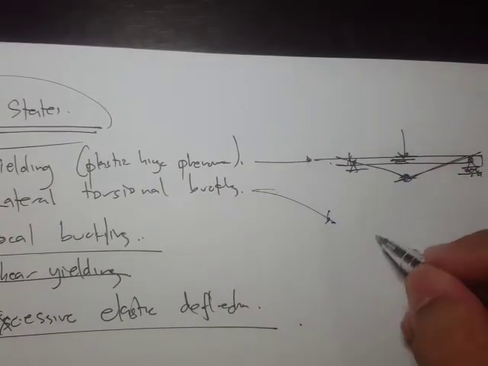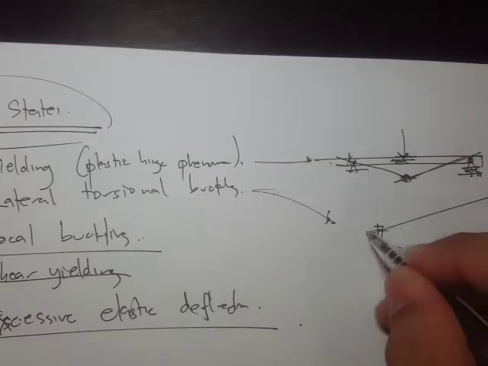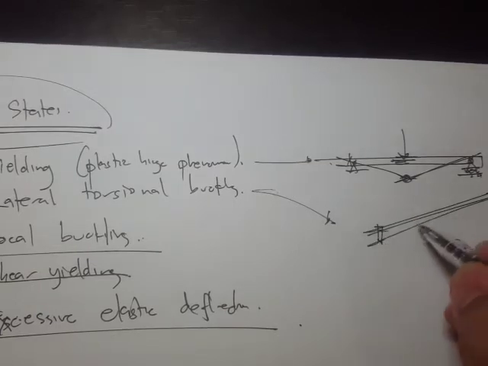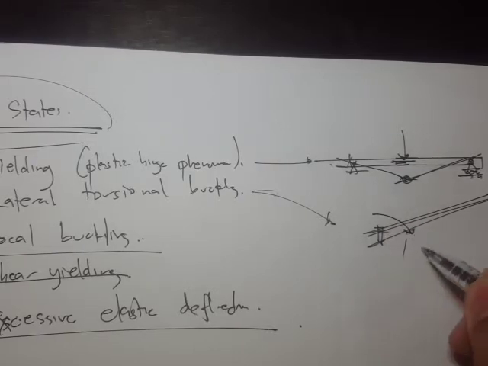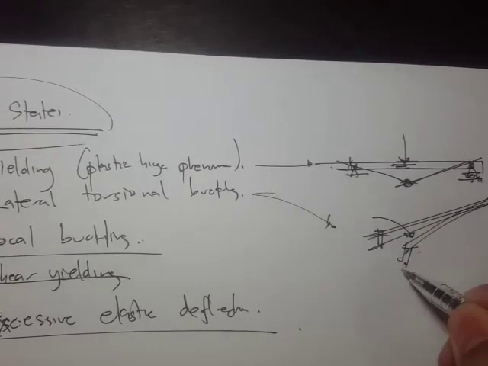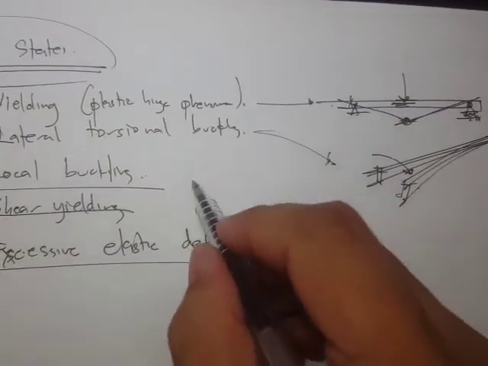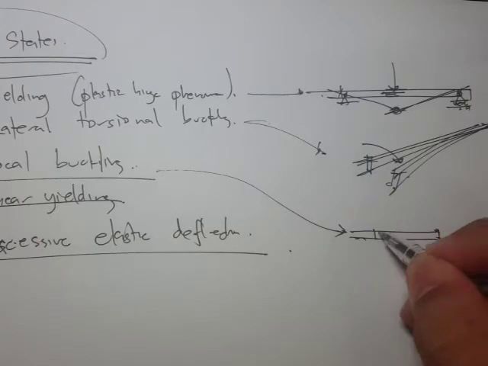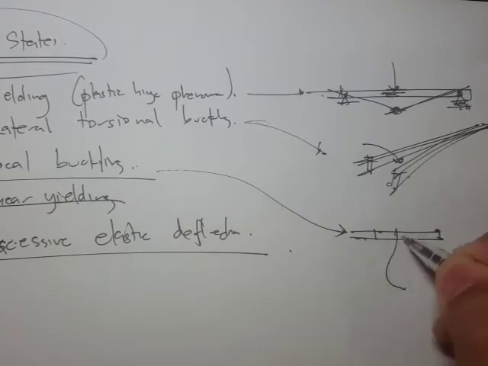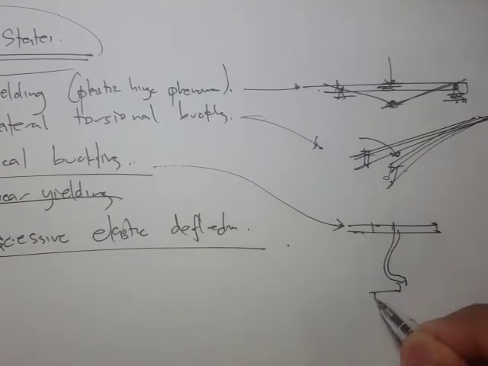This one is if you have insufficient braced length, then it can't twist. And this one, local buckling, refers to the buckling of the elements.